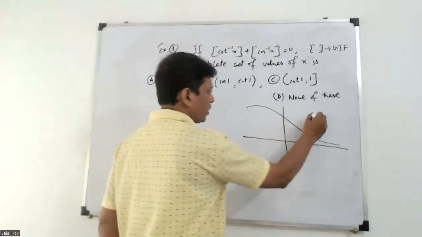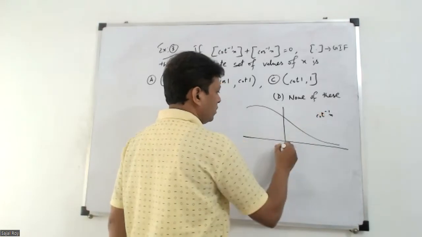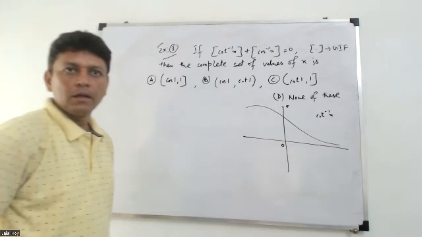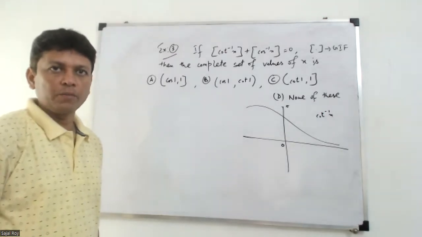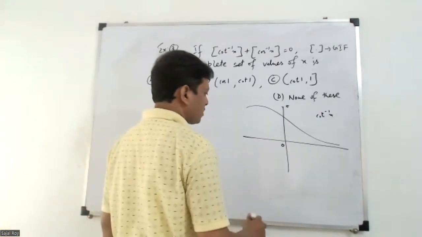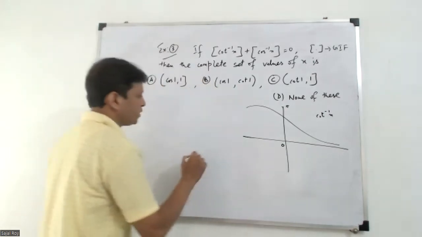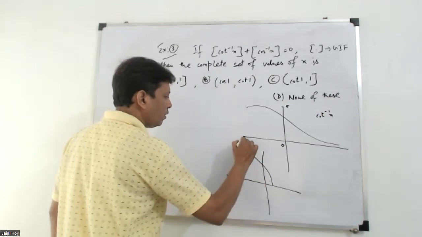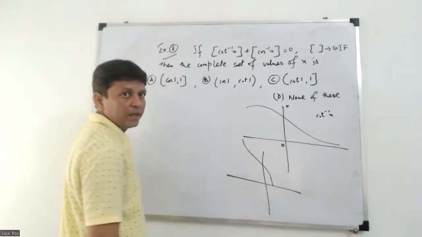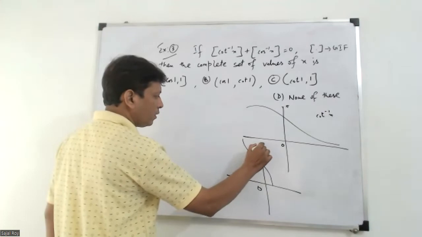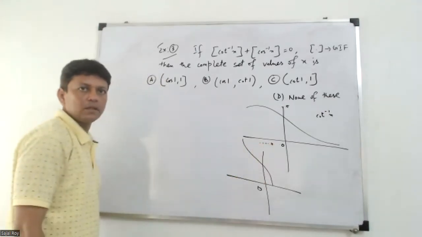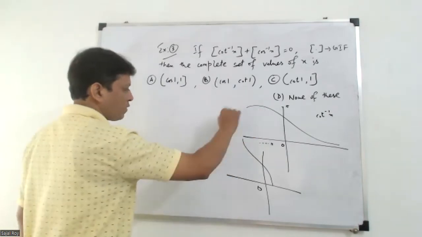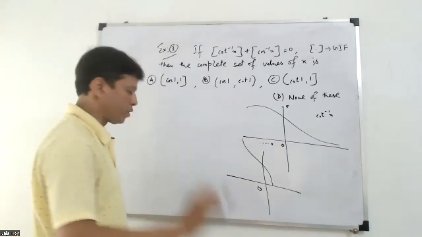It's a decreasing function, and 0 to pi. Okay, not including 0 and not including pi. What about cos inverse x? Let me draw another one. This is also decreasing, 0 to pi. Correct? Okay. So this is cos inverse, this is cot inverse. Both are decreasing. That's the information.